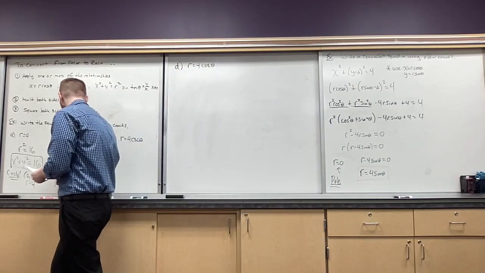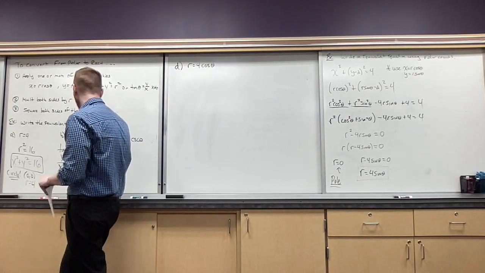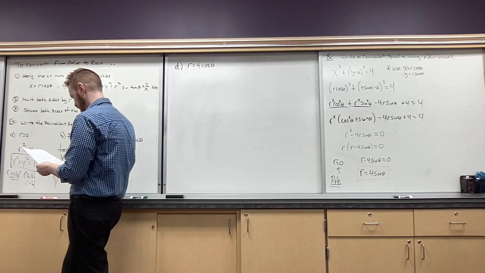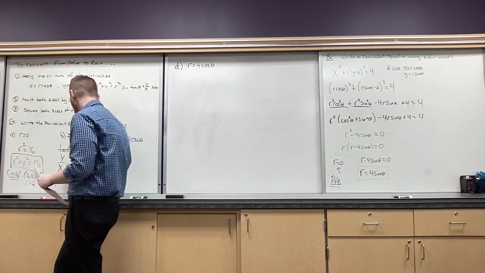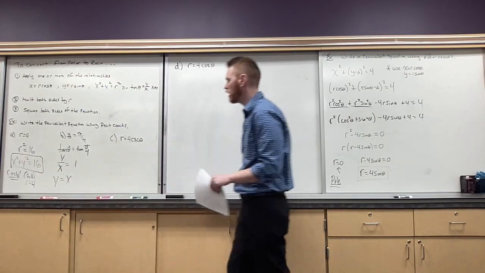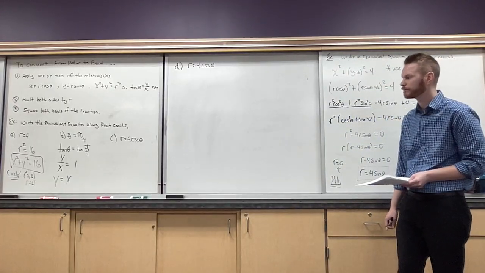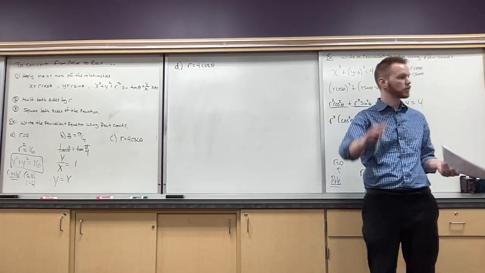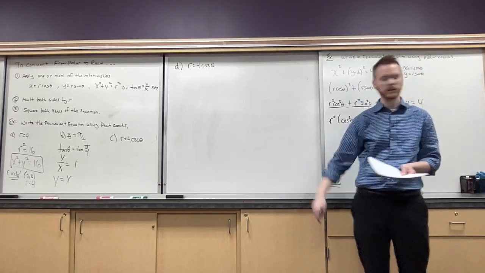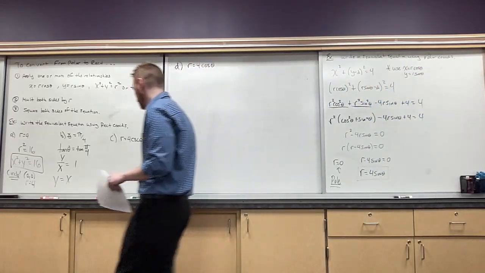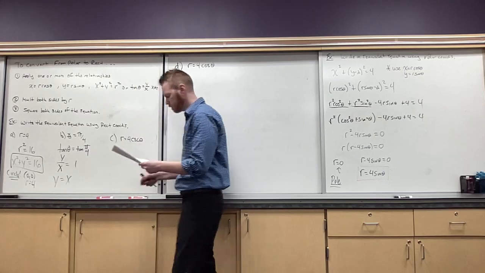I get y equals x. That's not surprising, so those are equivalent. I would agree, not surprising because pi over 4 is 45 degrees. Yeah, so that's a diagonal. 45-degree angles. Yep. Okay, next one.